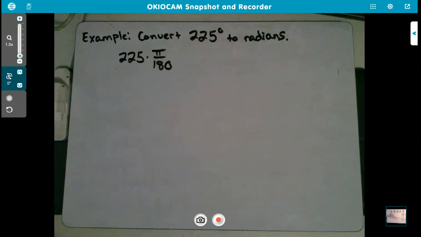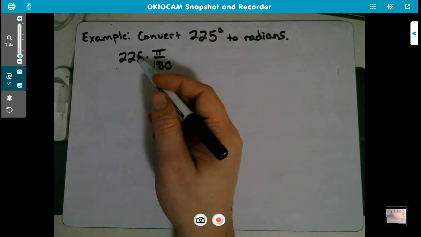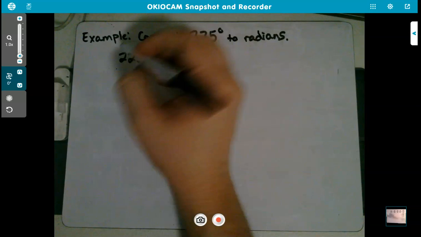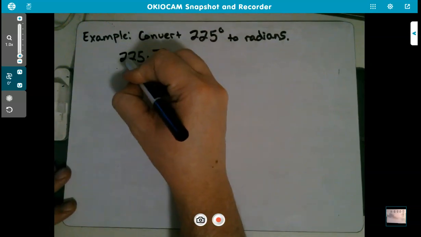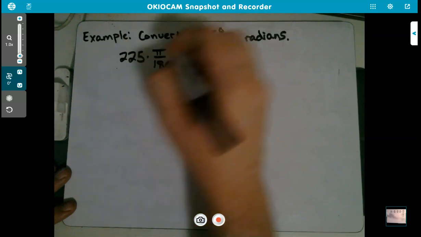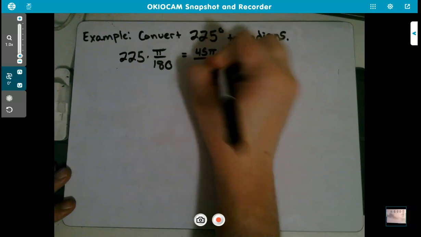And then I just have to reduce this as much as I can, okay? So first things first, 225 and 180 both have a factor of, let's do 5, because I can see that. Both of these have a factor of 5, so divide 225 by 5, and you get 45, so that brings you to 45 pi on top.